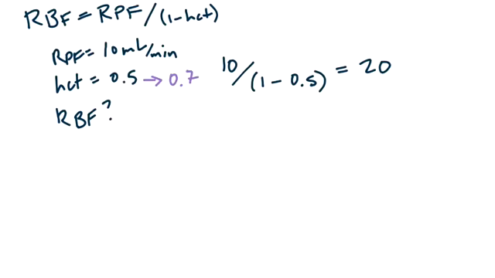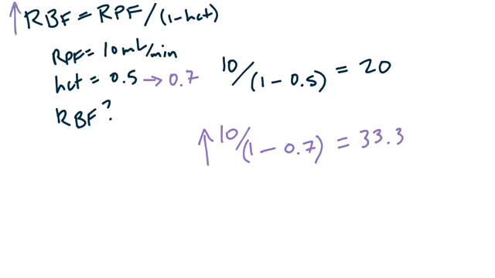Plugging these numbers in, we get 10 over 1 minus 0.7, or 10 over 0.3, which equals 33.3. So as you can see from these two examples, if the hematocrit increases, then renal blood flow increases. Hopefully now this equation makes sense both conceptually and mathematically.